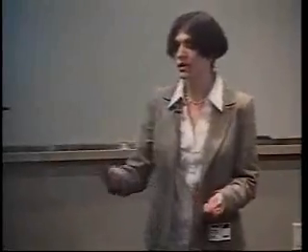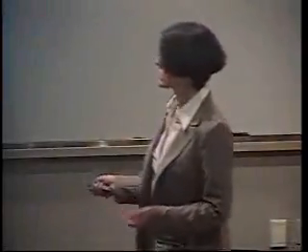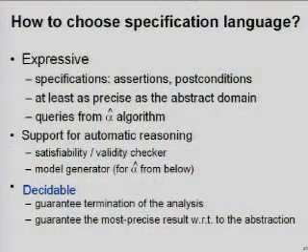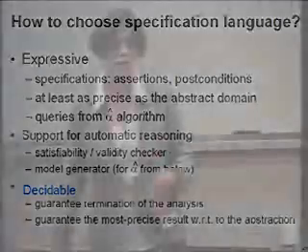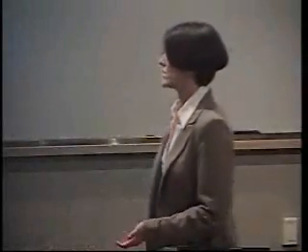Or, for example, a timeout is a good thing because I know that my timeout fired. I know that I lost precision, or potentially lost precision there. So predictability is good. One way to get predictability is by using a decidable logic. It's not necessary to use a decidable logic, but it's something which gives this predictability.